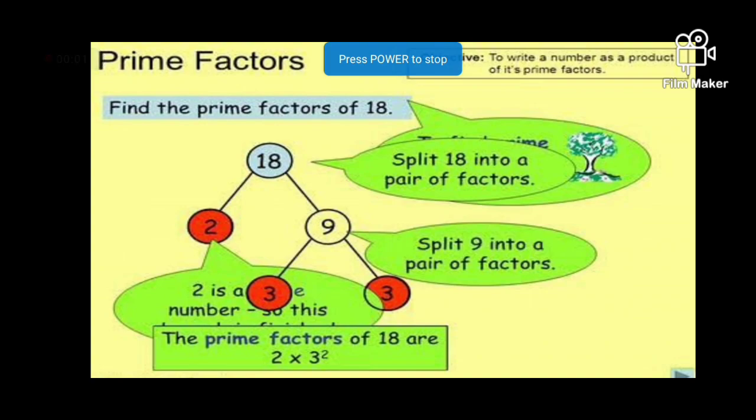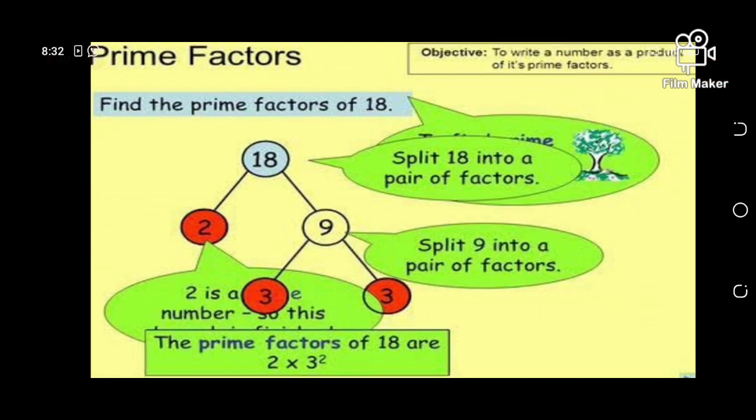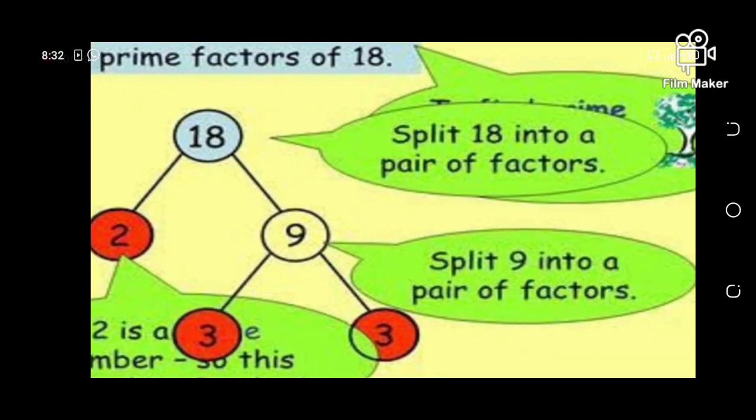Now let's find the prime factors of 18. First we will split 18 into a pair of factors. 18 first splits into 9 and 2 because 9 2s are 18.